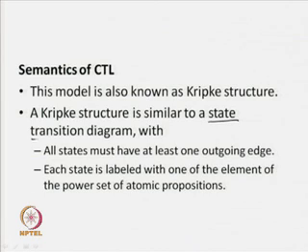It is a state transition diagram, and in this diagram, we have 2 restrictions. One is that every state must have at least one outgoing edge, that means every state must have a successor state, and secondly, we have a labeling function. The states will be labeled by the atomic propositions which are true there. Okay, we will just see one example, then it will be clear.